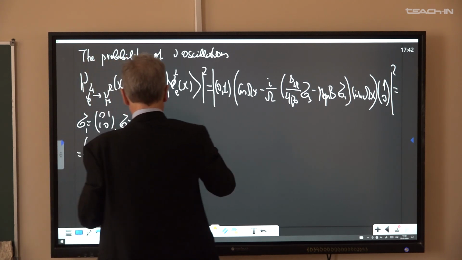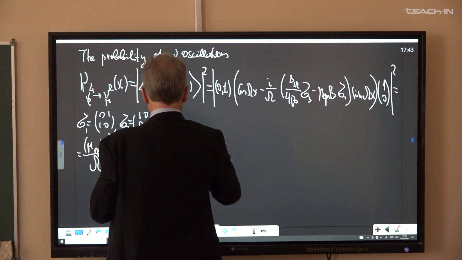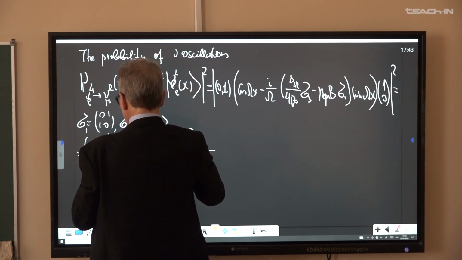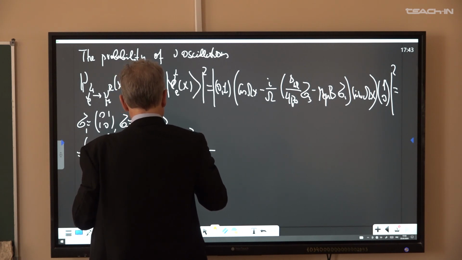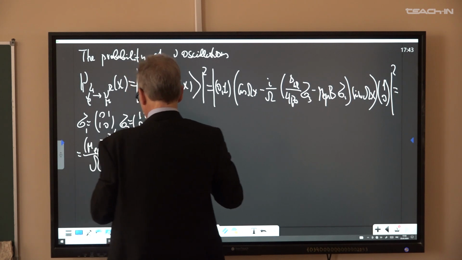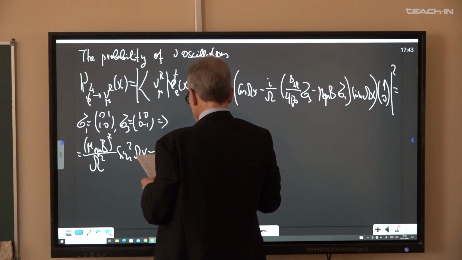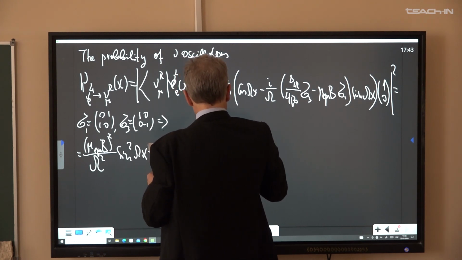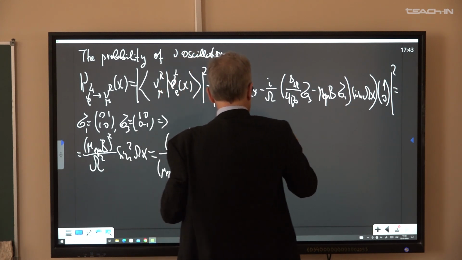If just to write it more explicitly, magnetic moment, the field divided by the sum of the same magnetic moment multiplied by the field squared plus delta LR divided by 4 energy squared, sine squared omega x.